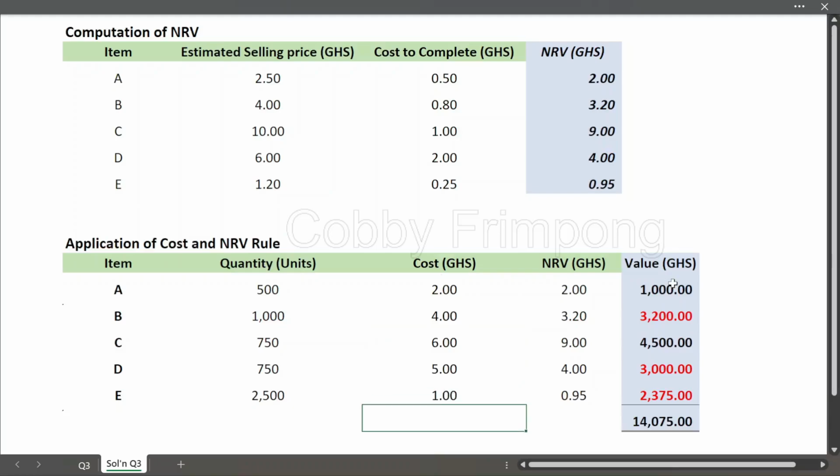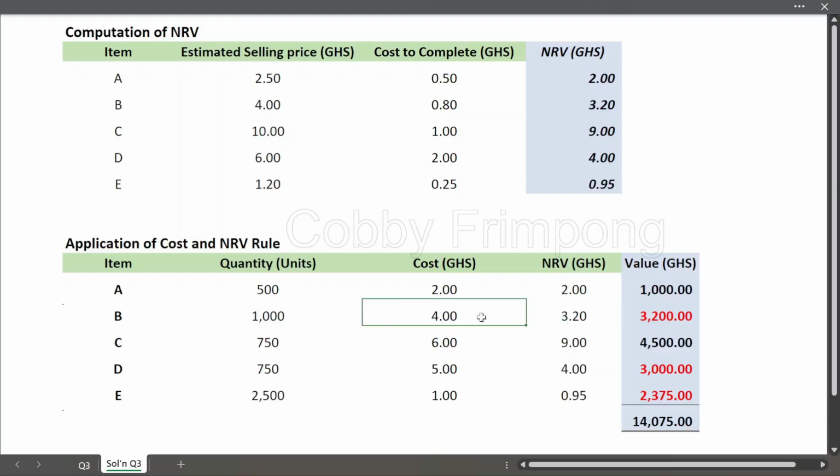To get the value of each inventory, we apply the principle, the lower of cost and NRV. For item A, both cost and NRV are the same, so we can choose either of them. Item B, cost is 4, the net realizable value is 3.2.